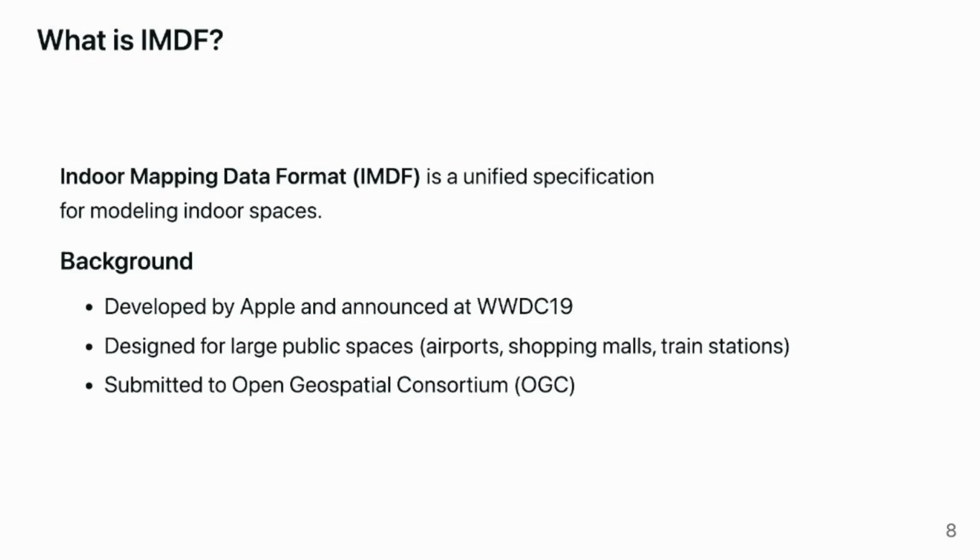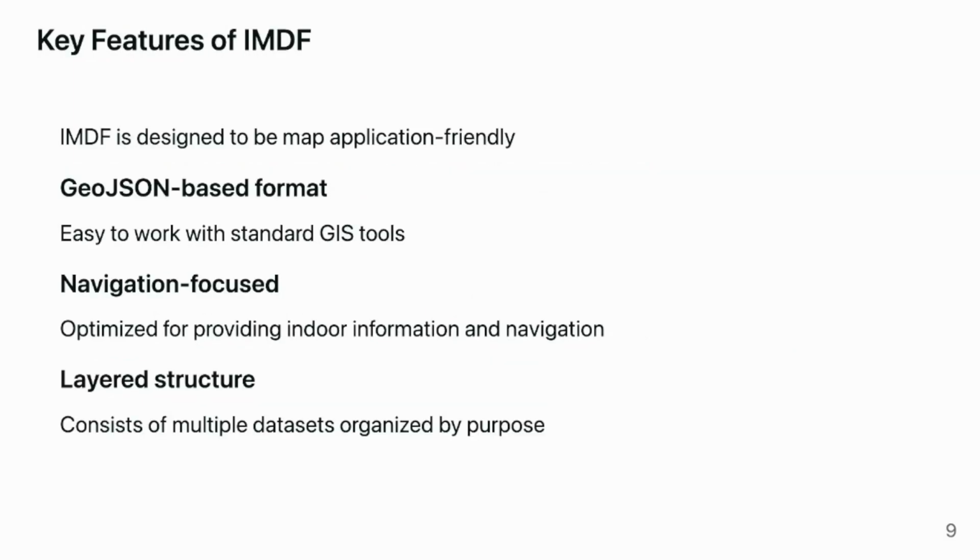Apple submitted the specification to the Open Geospatial Consortium, or OGC, and it was approved as an OGC community standard in 2021. Let me highlight some key features of IMDF. First, it uses GeoJSON format, which makes it very easy to work with standard GIS tools and map libraries.